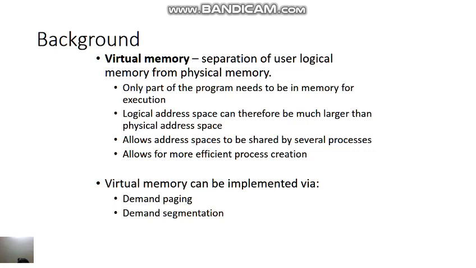Next, it allows processes to share files easily and to implement shared memory. Here, files which are individual cannot be used by two processes at the same time. Those are not called shared resources.